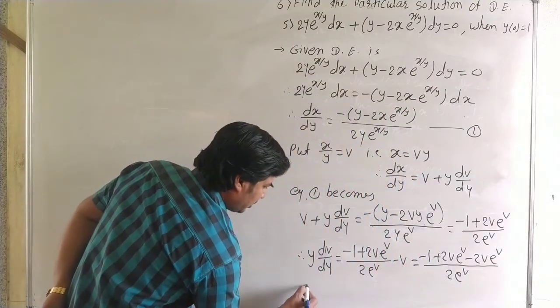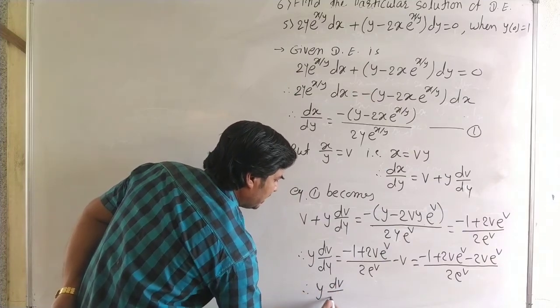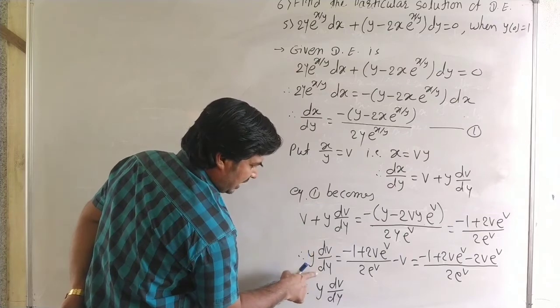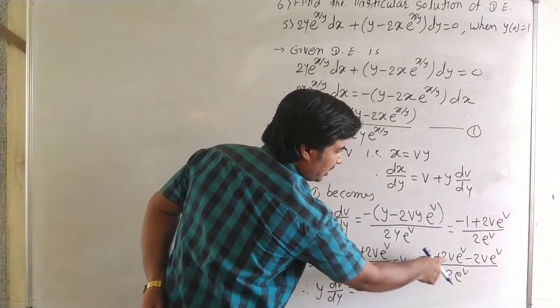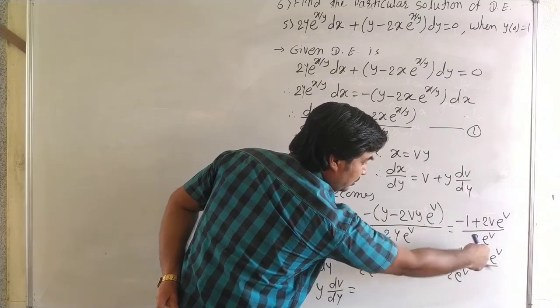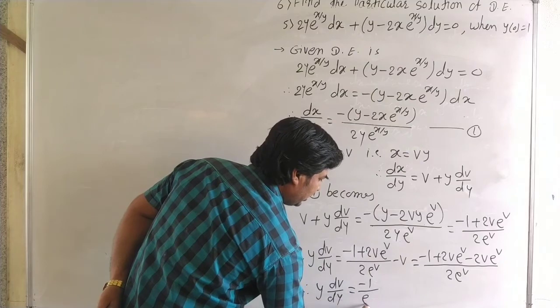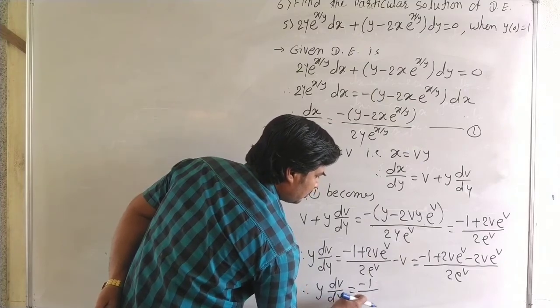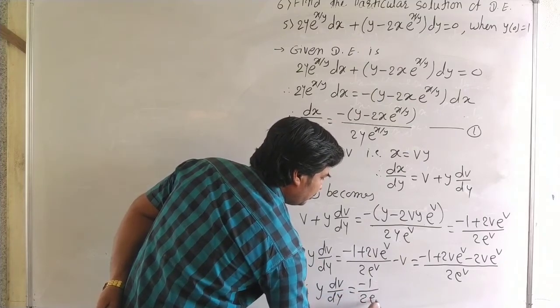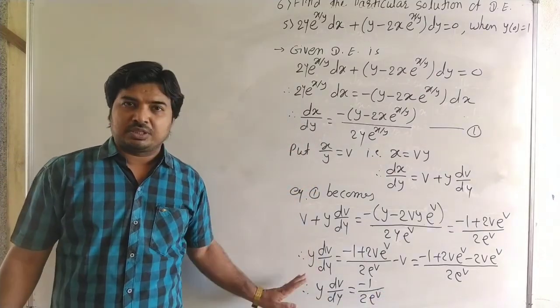And now therefore our differential equation is y dv by dy as it is, and here 2v e raised to v minus 2v e raised to v get cancelled, only minus 1 upon this. That means minus 1 upon 2 e raised to v. Here it is our new differential equation.